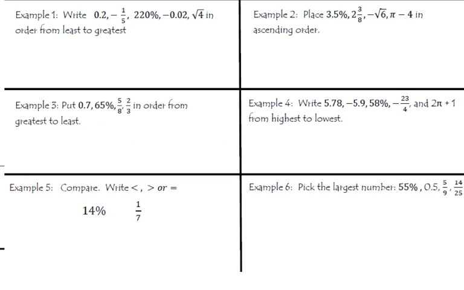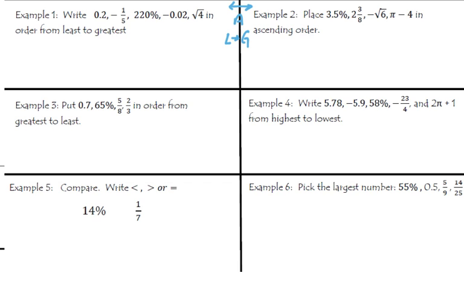All right, so the first thing we're going to do is look at ascending order, which again is least to greatest. So these two boxes here are ascending. It says, write 2/10, -1/5, 220%, -2/100, and the square root of 4 in order from least to greatest.